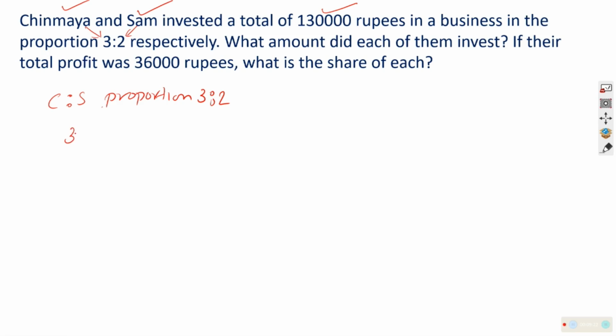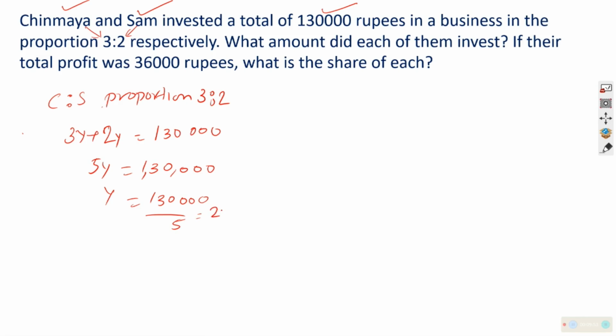Okay, investment is 3y plus 2y. Total investment is 1,30,000. Understood? That means 5y is equal to 1,30,000. y is equal to 1,30,000 upon 5, which is equal to 26,000. This is y.